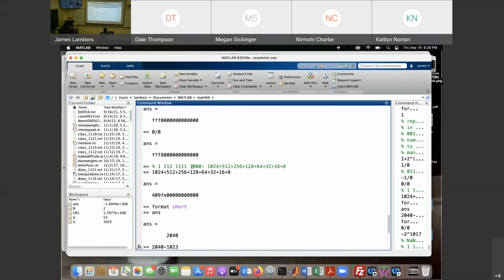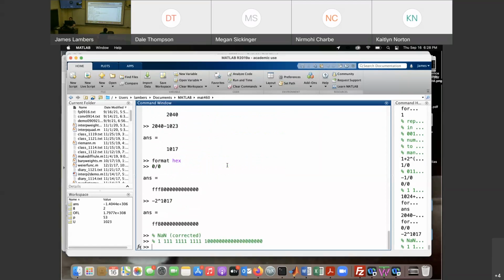All of these digits are equal to 1. That would be 2 to the 11th minus 1. So that's 2047. Okay, so that's still 1024 for the exponent, which is not allowed.